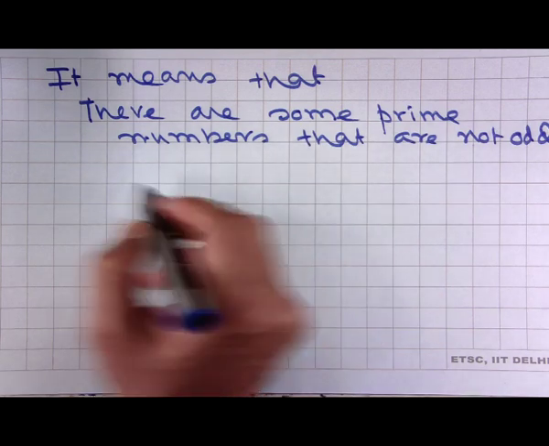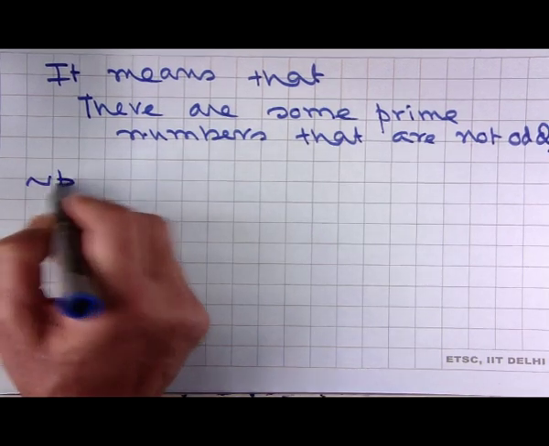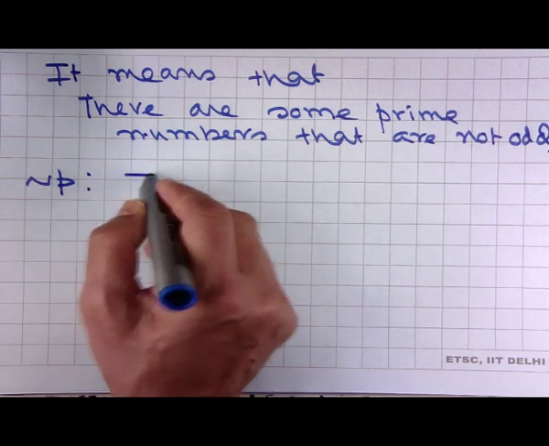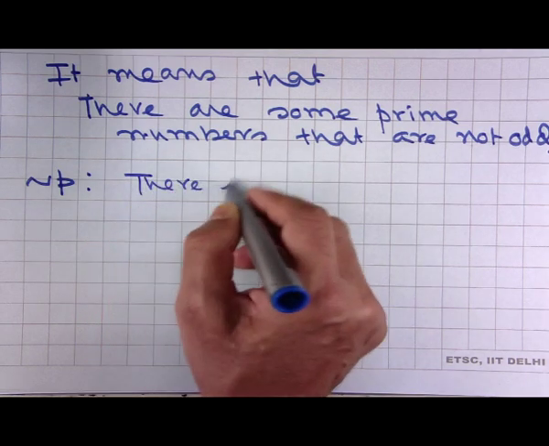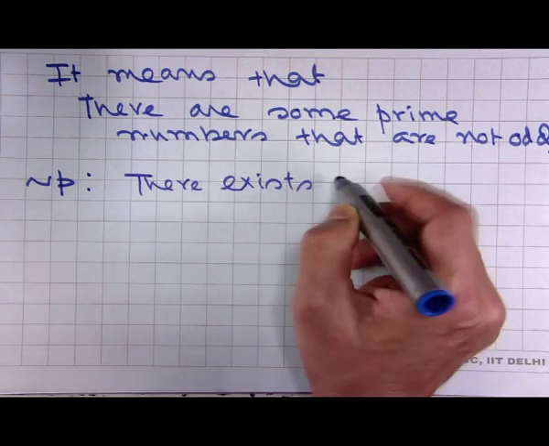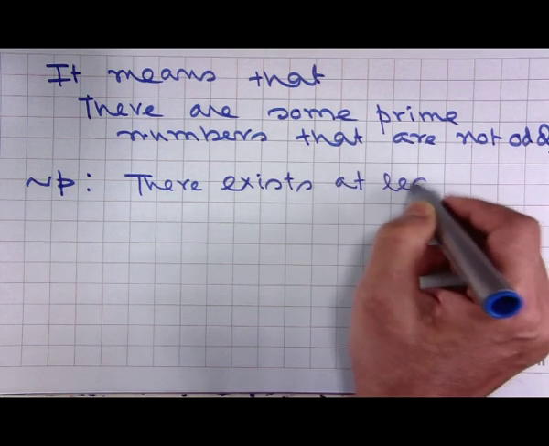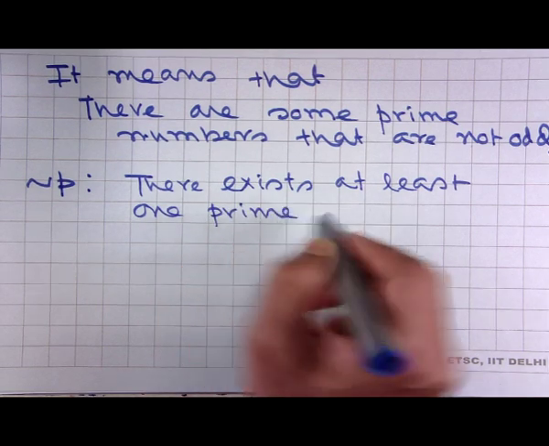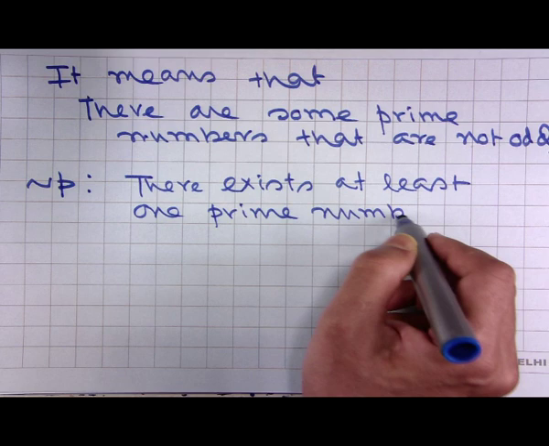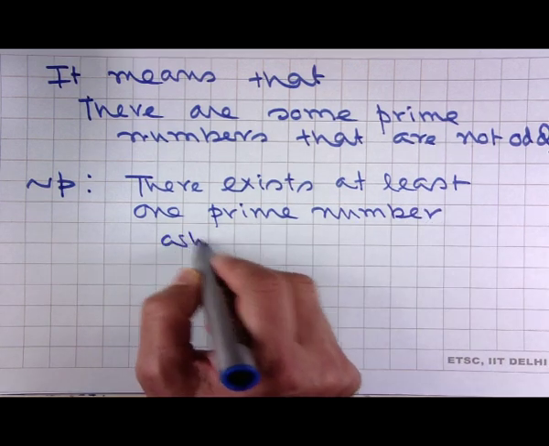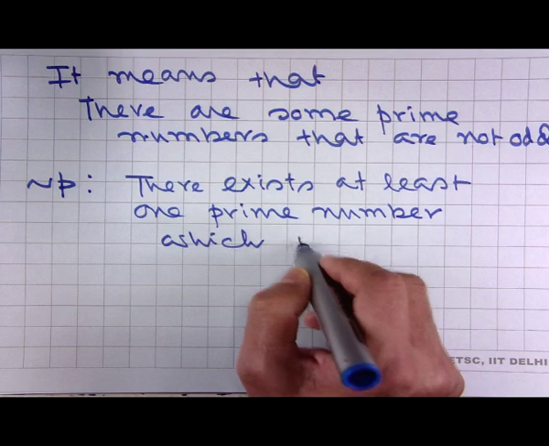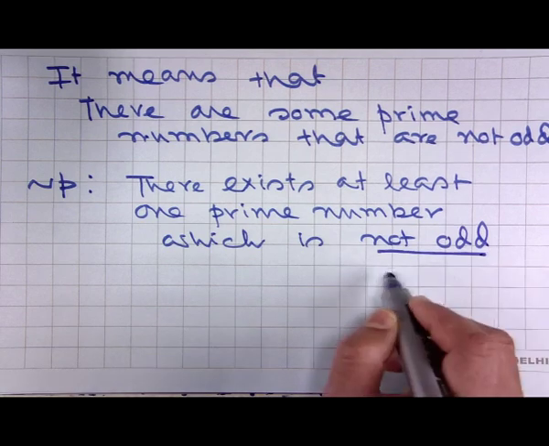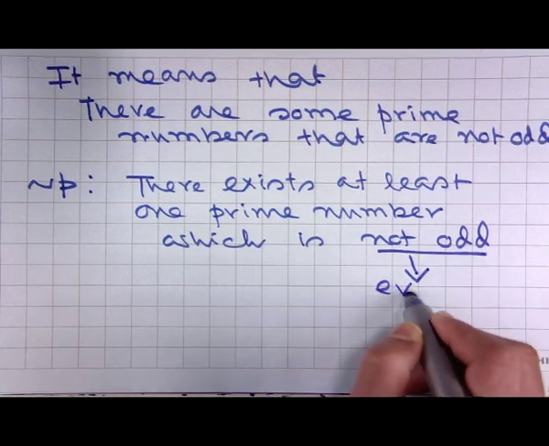In other words, negation of p suggests that there exists at least one prime number which is not odd, which means that it is even.